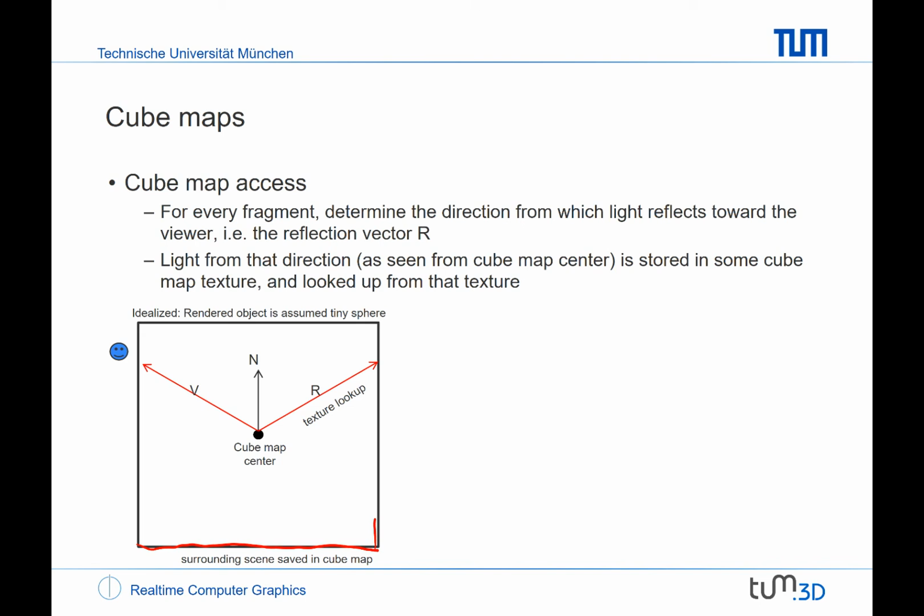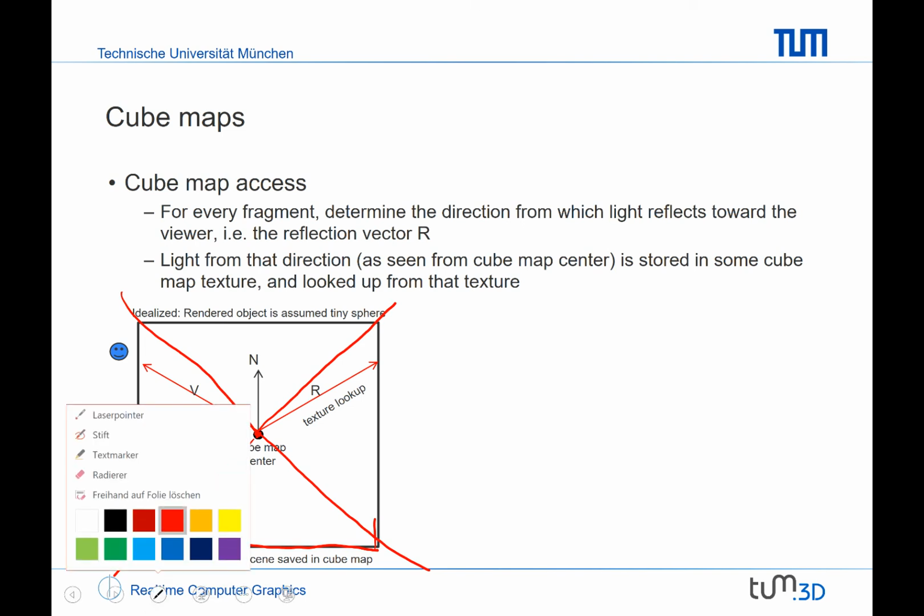We are here in 2D, meaning the cube map would just be comprised of 4 one-dimensional textures, which have been generated in that pre-pass, where we have placed the center of the cube map here, and then have rendered out the 4 sides of that 2-dimensional cube map, to see what is seen from the surrounding scene when looking through these sides.